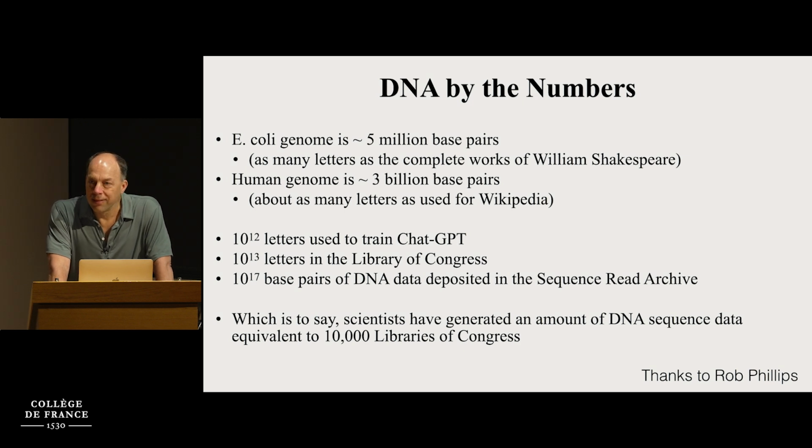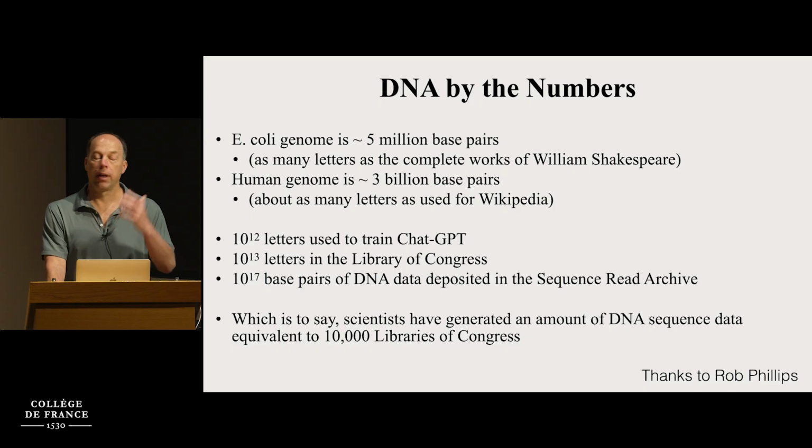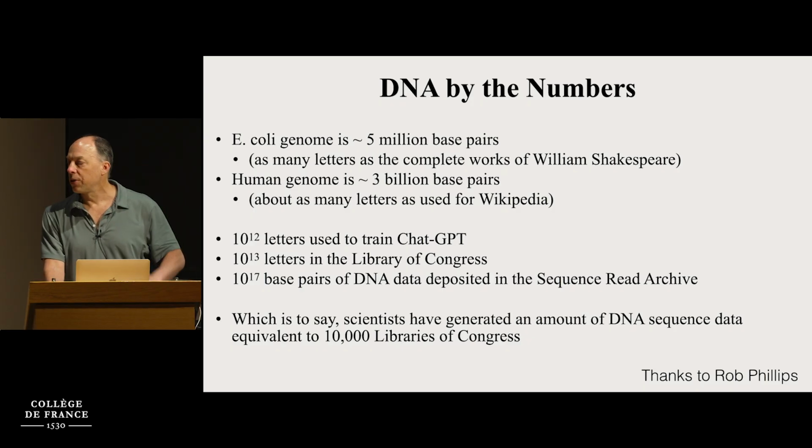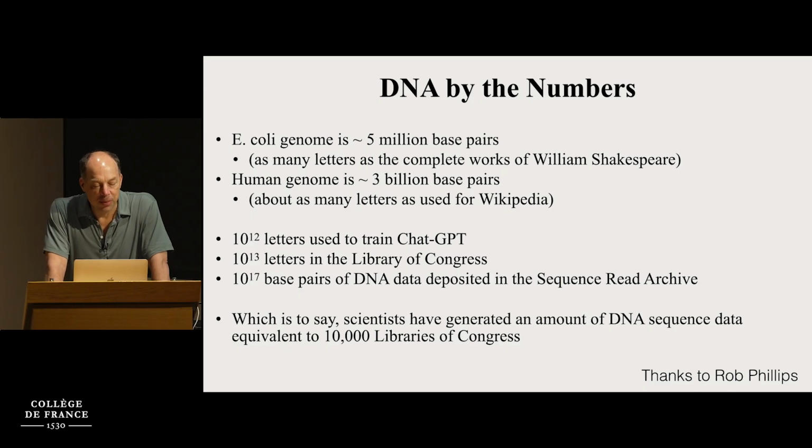And I would say we are not as good at reading the DNA alphabet and understanding what it means as we are at reading literature. So it sets out a challenge for us: what does all that sequence information mean? My good friend Rob Phillips, I credit him for doing these calculations. He is very much hung up on this question.